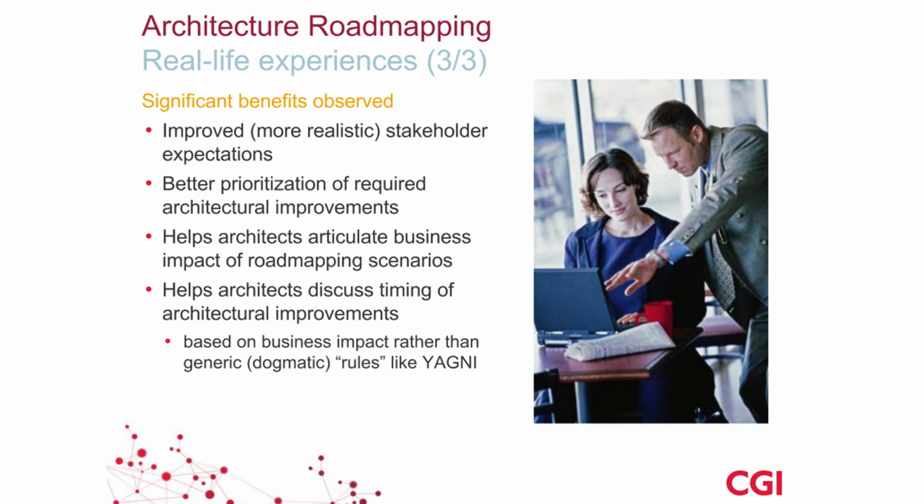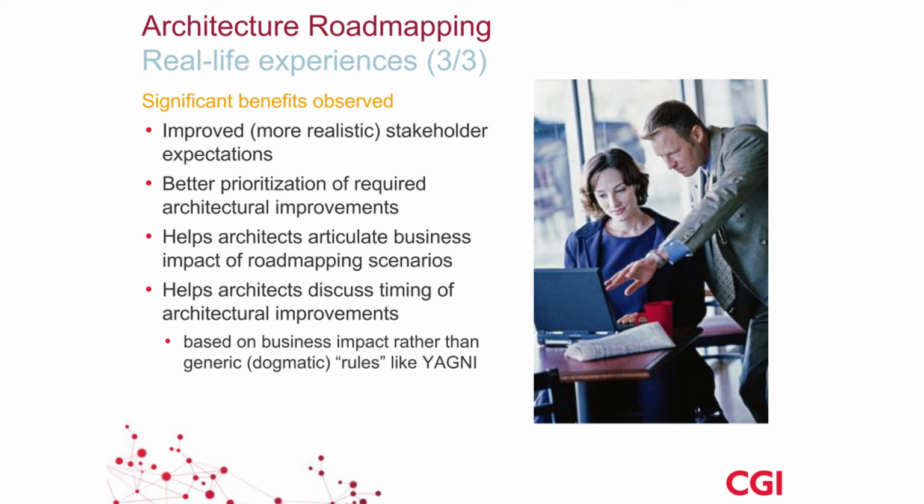So to summarize, real-life experiences, these are the things that our architects say benefits that they have observed from doing this, from including the time dimension in their architecture work. First of all, and this is reported by many of them, improved stakeholder expectations.